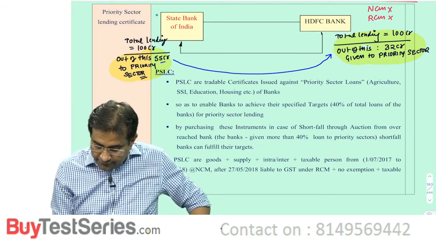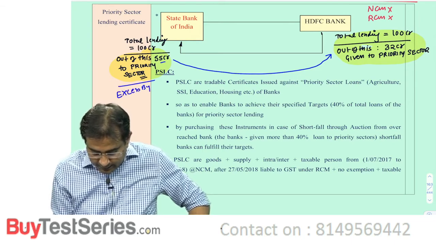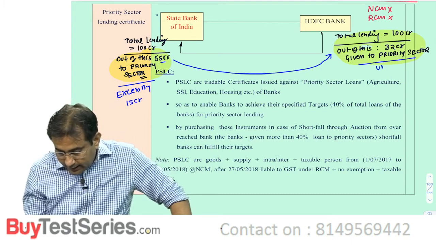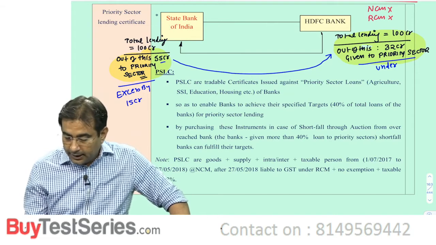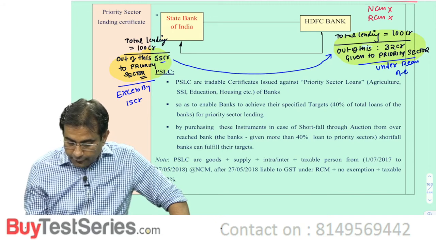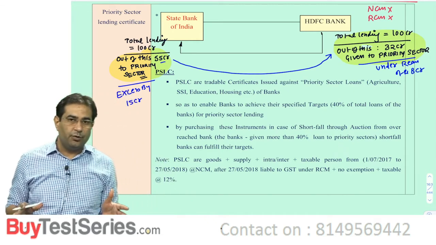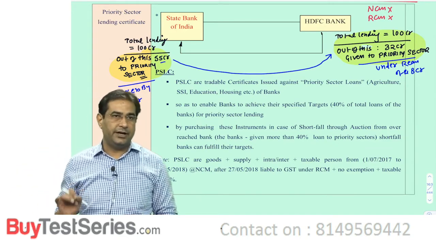It is 15 crore. It is excess by 15 crore, whereas HDFC is underreached because there is a target of 40% of total lending, a shortfall of rupees 8 crore. So in such a situation, HDFC would buy PSLC certificate from the State Bank of India.